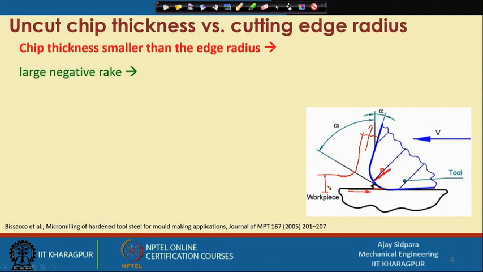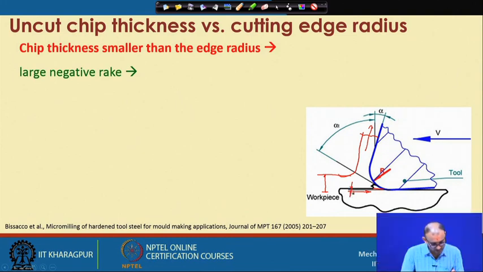But that is not the case here, because our HC is very small and your R is very large in this case. So your material deformation occurs at this location. Your rake angle is calculated from this location now, not from that location, because some part of the cutting edge behaves as the rake face of the cutting tool.